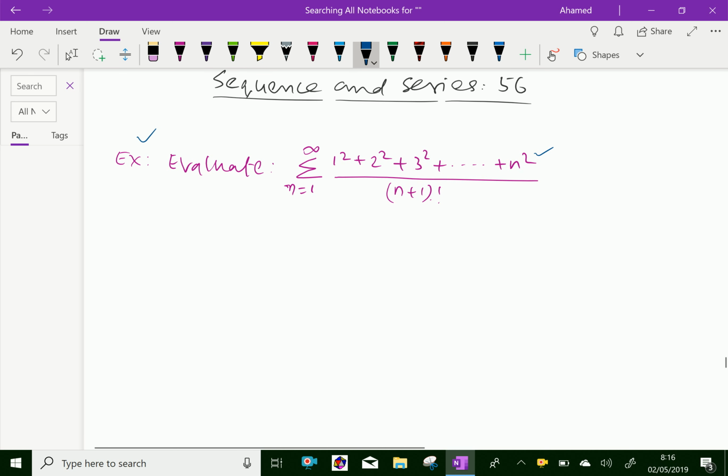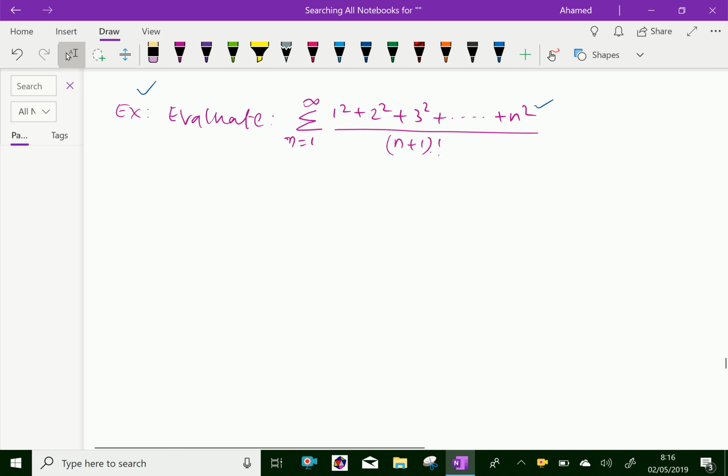Here the sum, we can write in this manner, sigma n equal to 1 to infinity. Here in the numerator, 1 square plus 2 square plus 3 square, it is the square of natural numbers up to n, so it can be written as n square, over n plus 1 factorial.